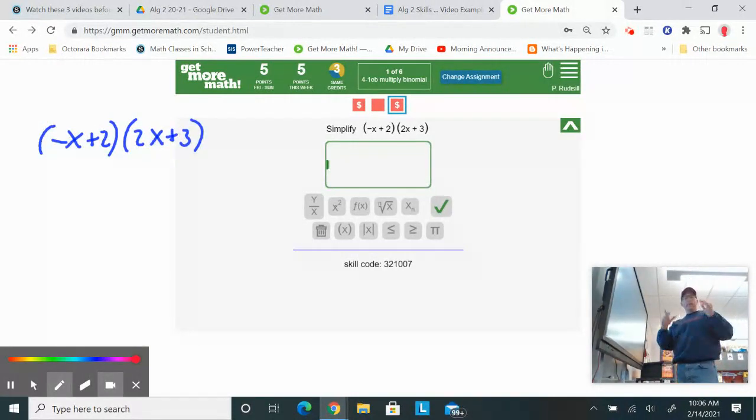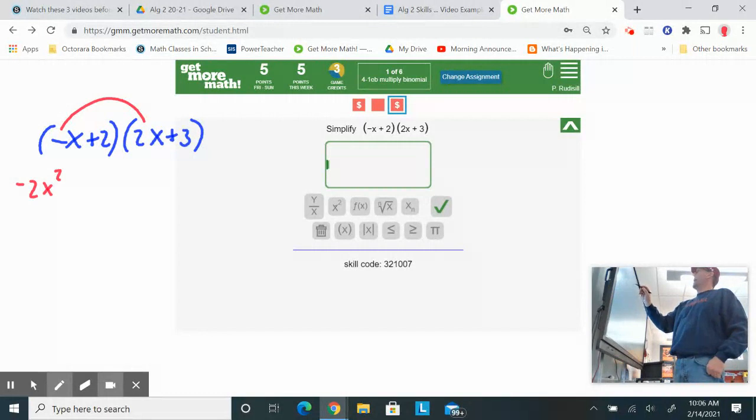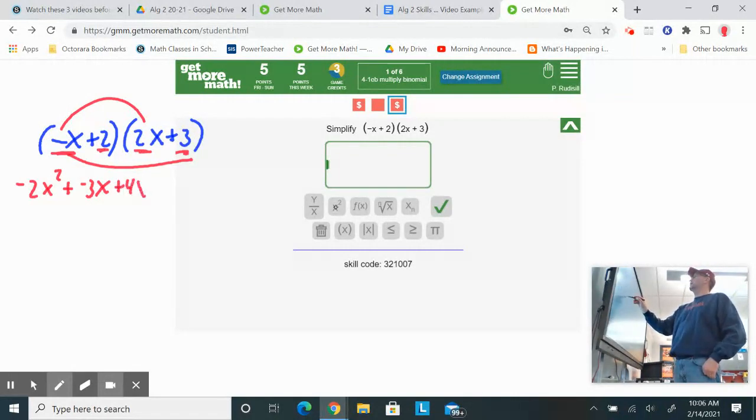Okay, I have the sum of the opposite of x and 2 being multiplied by the sum of 2x and 3. So the first, I get negative 2x squared. The outers, this one and this one, will be negative 3x, so plus the opposite of 3x. The inside, 2 times 2x is 4x.